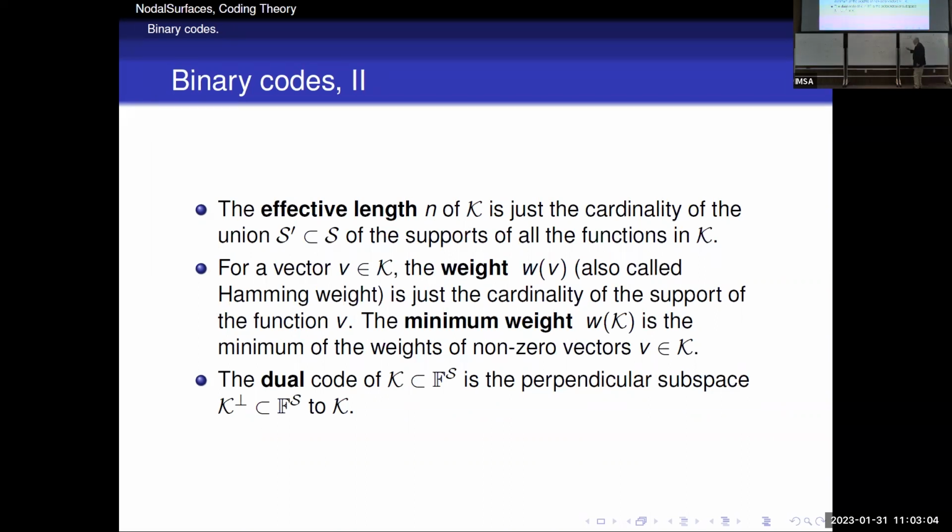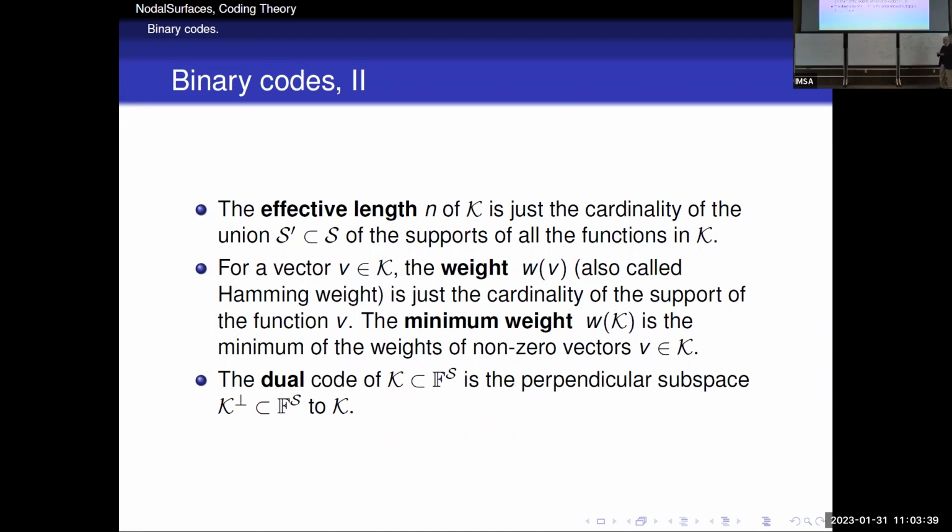So N is just the cardinality of the union of the supports of V for V in K. This is called the effective length. The weight of V is just the cardinality of the support of V.